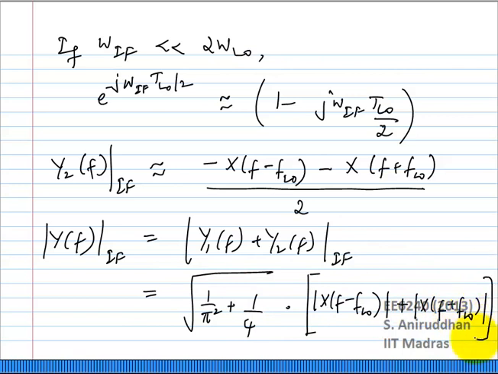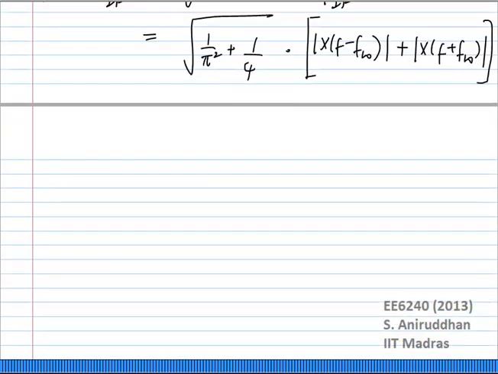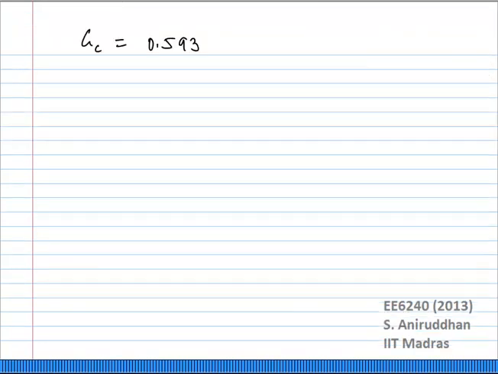So the actual conversion gain is this, root of 1 over pi squared plus 1 by 4, which happens to be 0.593 for this mixer, which is better than your original 1 by pi which you had before. So now if you assume that I create a single balance version of this mixer, I'll get double this gain.